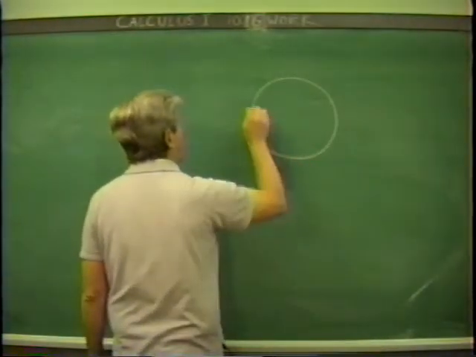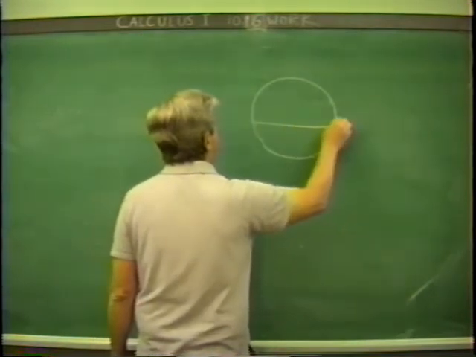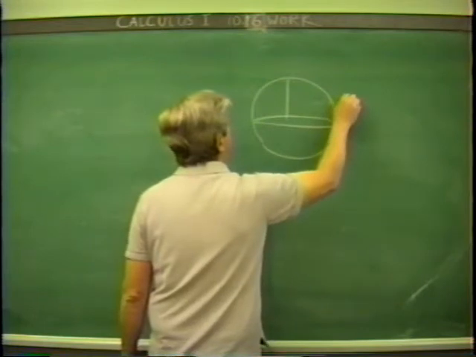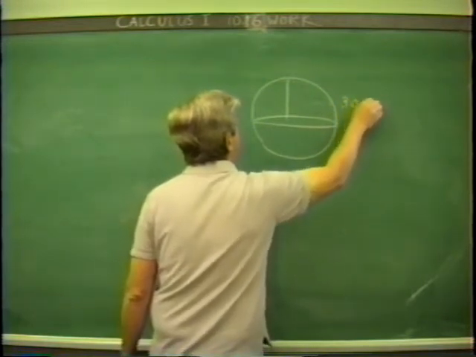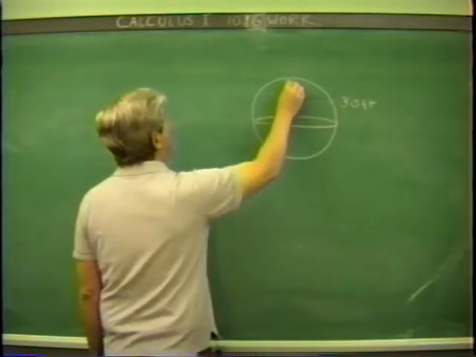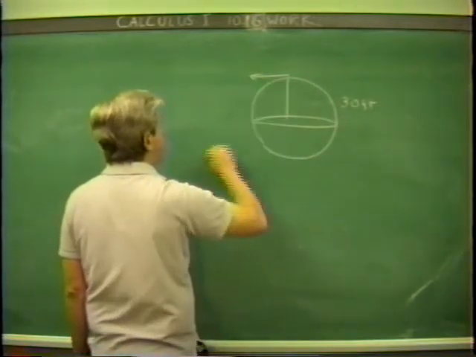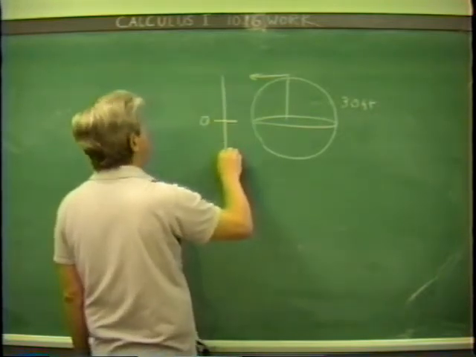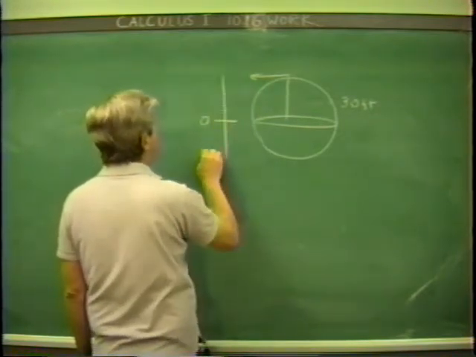I want to do one last example here with respect to work. Let's imagine a more complicated situation. Let's imagine that we've got a circular tank, half full, with a radius of 30 feet, let's say, and we wish to empty it by pumping the water up and out over the top.